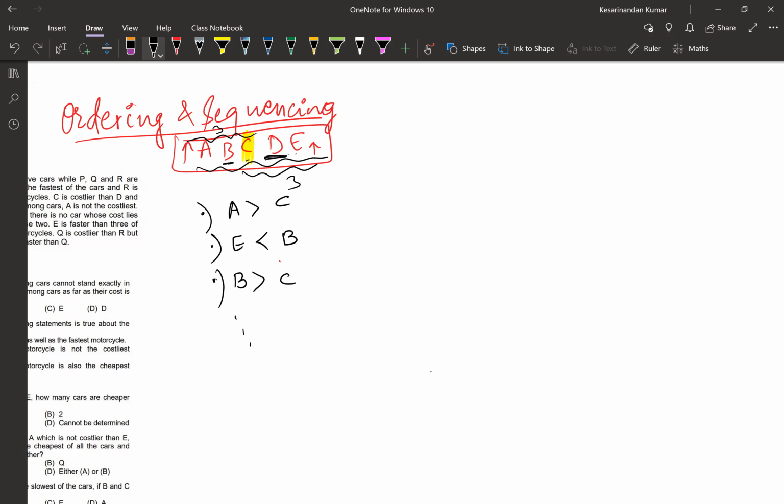That means what can also happen is, let's say we have 1, 2, 3, 4, 5 people, and I've stated the number of people shorter than B is equal to the number of people taller than D. So I can have B here as well and D here as well.